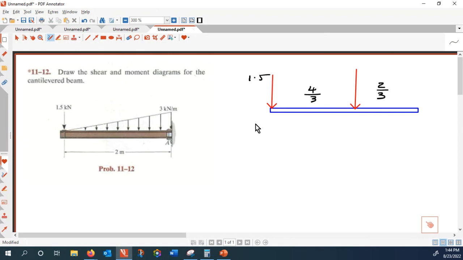And at point A, so let's call this B, call this one A. I need to have a vertical resistance developing at A. And what else? What is missing here? Bending moment at A, yes.